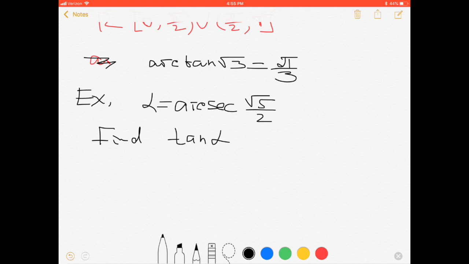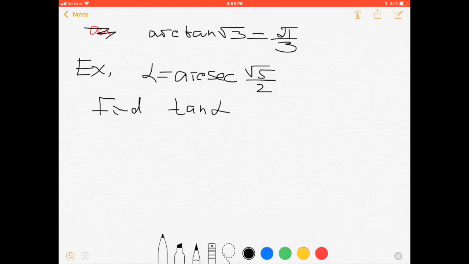Great. Now we go to our lovely right triangle. Let's say the angle here is alpha. What kind of information about this triangle do you know? You know secant alpha is square root of 5 over 2.